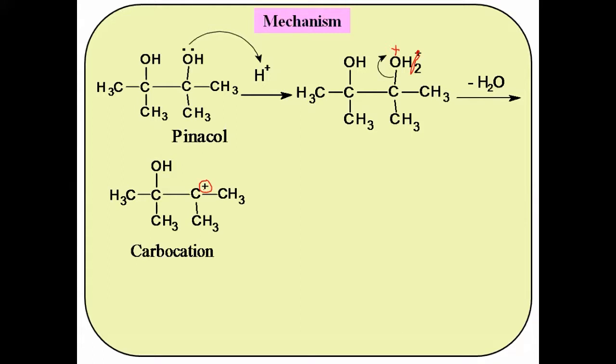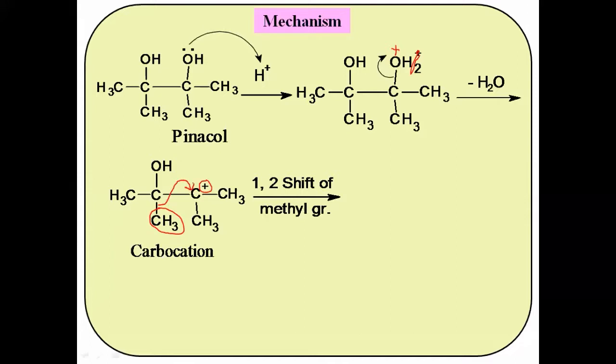पुढची स्टेप यामध्ये काय आहे ते आपण बघूया. Actually, in next step, there is a shifting of methyl group from one carbon to another carbon. Here, this carbon having positive charge means it is electron deficient carbon. Now, what happens here? One of the methyl groups, suppose this methyl group, migrates from this first carbon to second carbon.